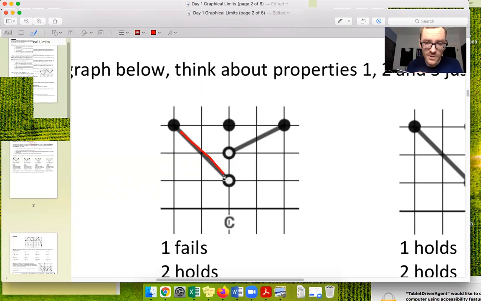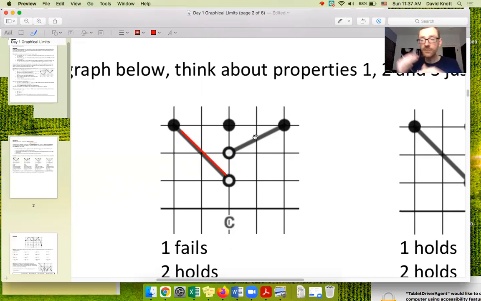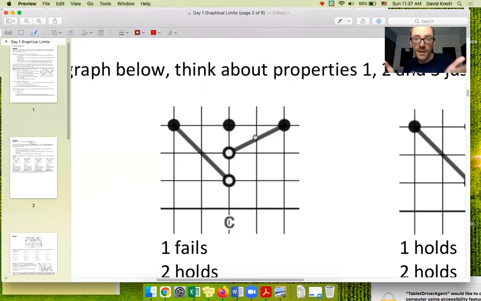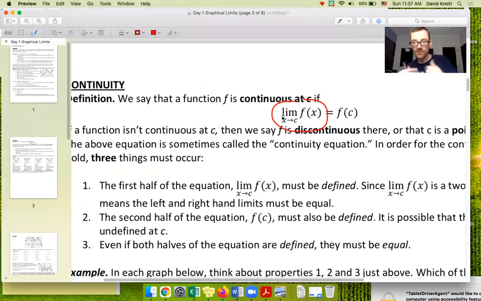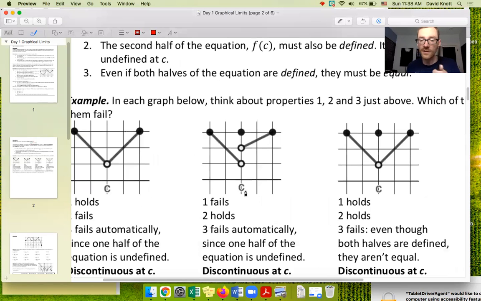On the left, the function is going to whatever that value is, and then on the right, the function is approaching some other value. So the left and right-hand limits aren't the same, which means the two-handed limit doesn't exist. Since this side of the equation is just straight up undefined, the equation can't possibly be true, which means the function's not continuous at C, as we expected.